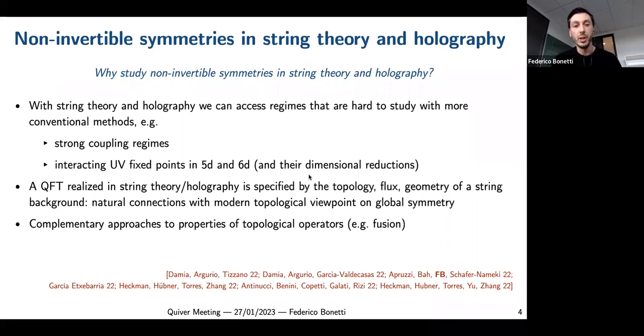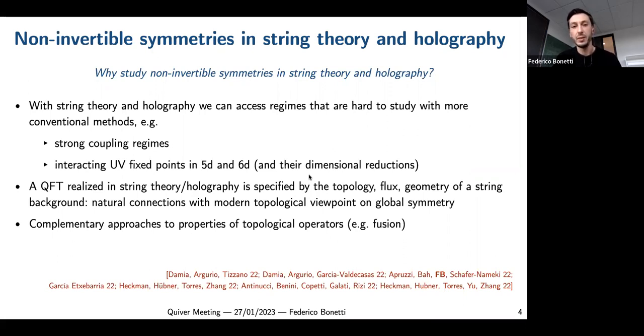And more concretely, as I alluded to, one of the key aspects in the world of non-invertible symmetries are fusion rules. And sometimes they are quite tricky to compute purely in field theory. So I think it's a potentially interesting avenue to see whether string theory can tell us something about the fusion.